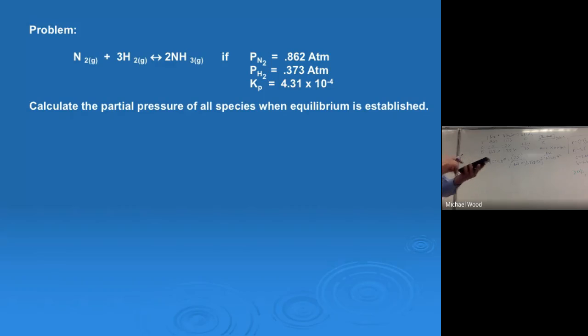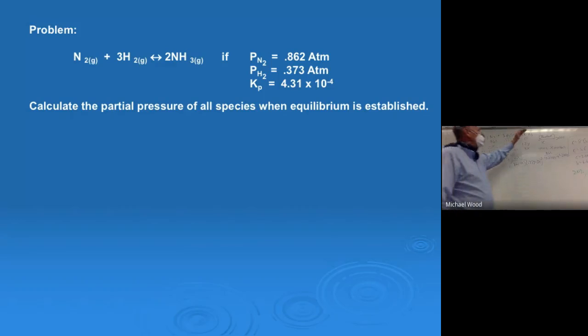I'm saying if it's greater than 100, this is significantly greater than 100. That means I ignore the X of the reactants, not the X of the product. Really what that calculation is showing is X is going to be so small we can ignore it for the reactants, so it's going to make our life way easier.